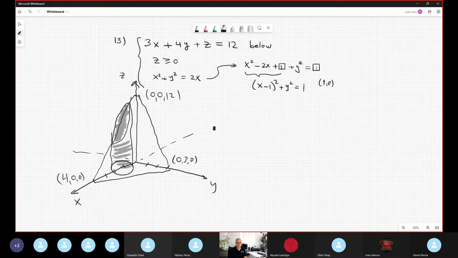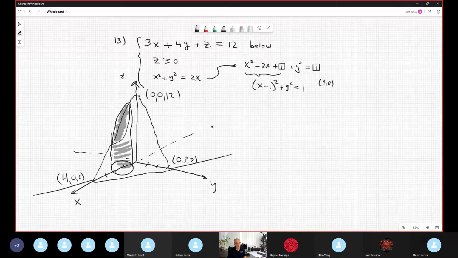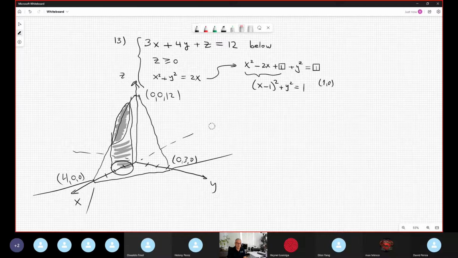Make sense? Of course, this plane extends in this direction, no, in this direction, because z is positive. Do you understand the solid or no?